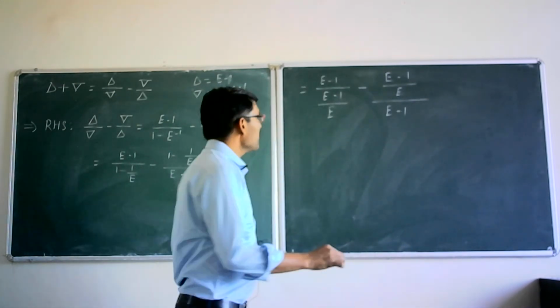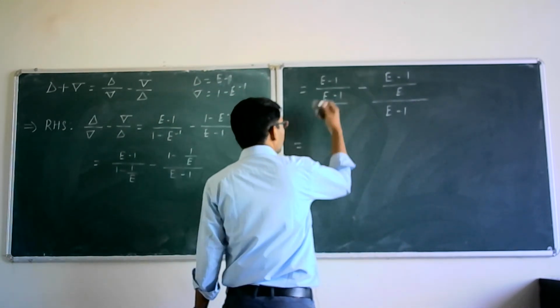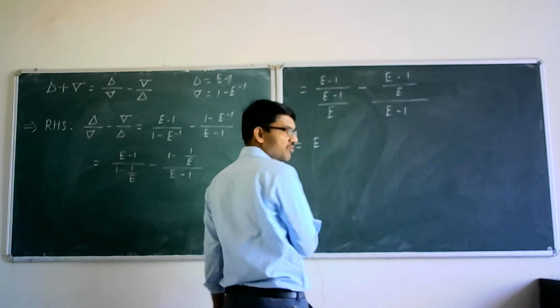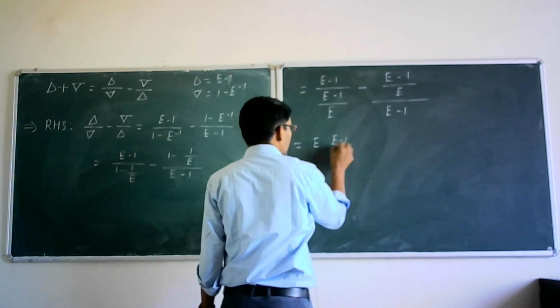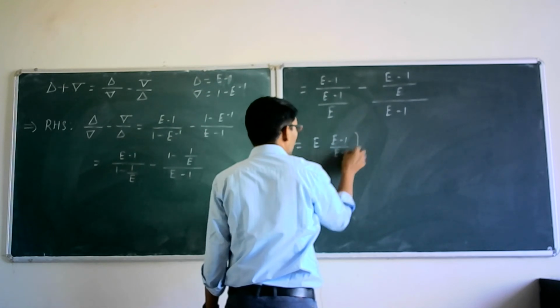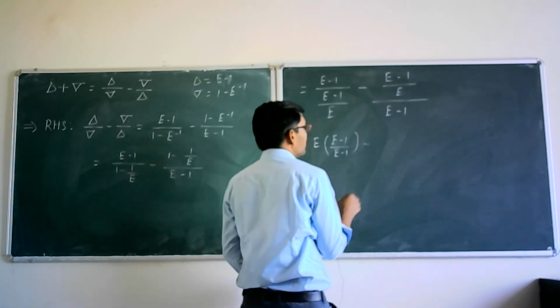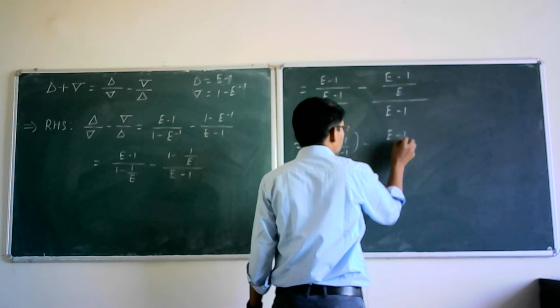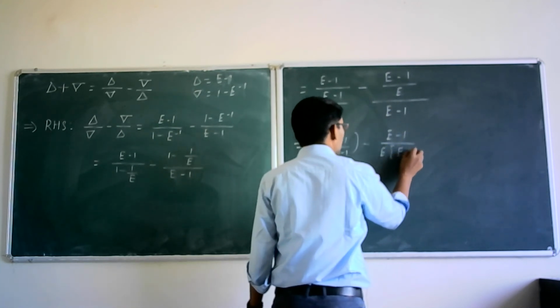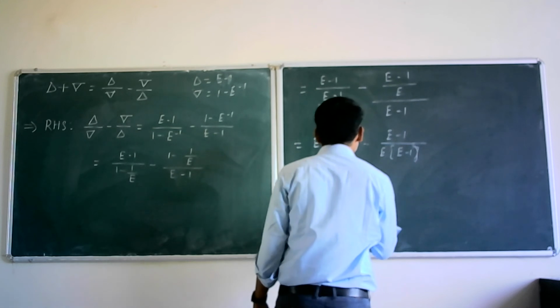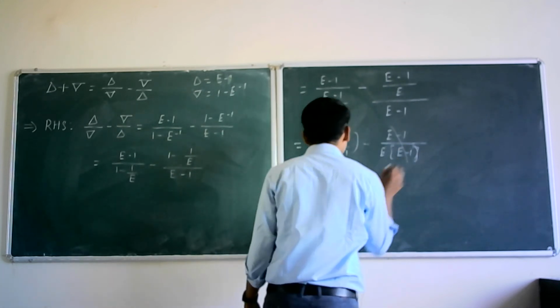Okay, so if you simplify this, we can write this as e minus 1 divided by e minus 1, minus, again we can write this, e minus 1 divided by e into e minus 1. So if you simplify this, e minus 1 will get cancelled here.